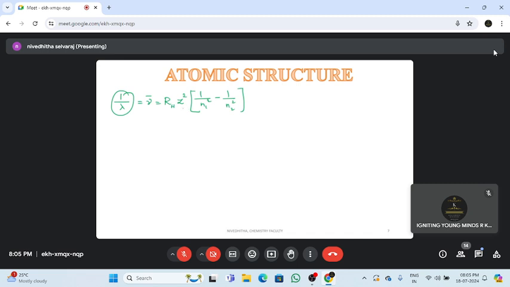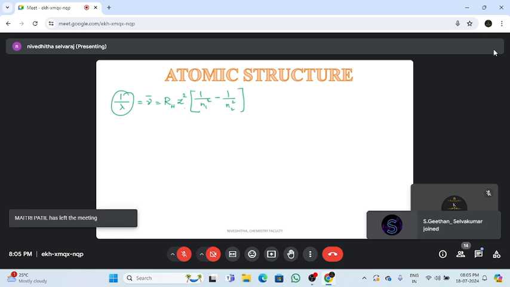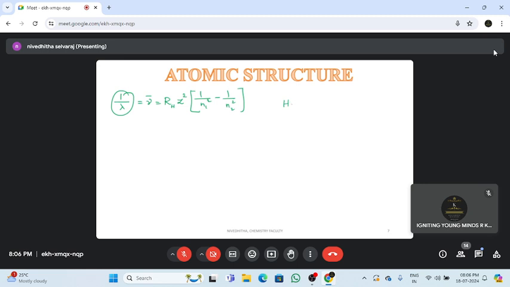So in most of the books, the formula will be RH into 1 by n1 square minus 1 by n2 square. But we have to write this Z squared because if the question is asking the wave number for helium ion, then we have to write the atomic number in the formula, right? If you didn't memorize this Z, then you will not know where to substitute the atomic number of helium.